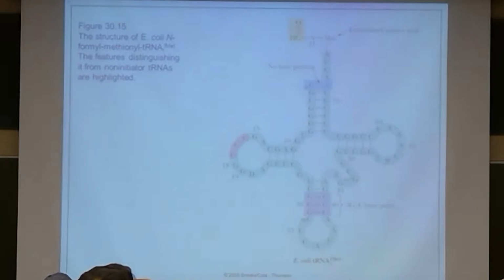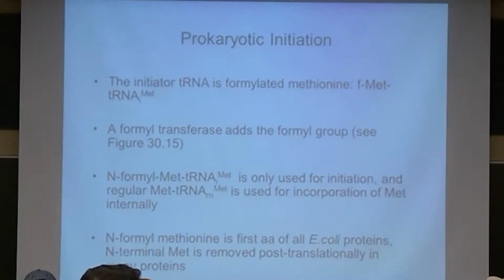So now you can distinguish: if the N is formylated, it's the initiator tRNA. So that's how it makes the distinction between the initiator tRNA and the internal methionine in the protein. The initiator tRNA is formylated methionine, it's called fMet tRNA initiator Met.